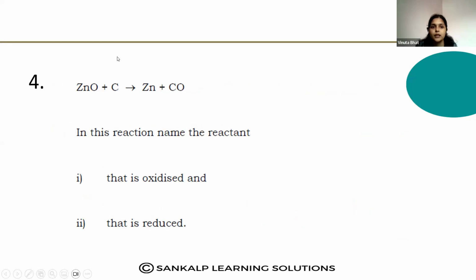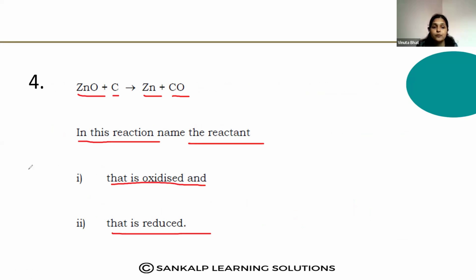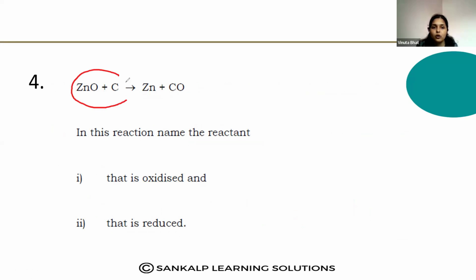Next question. Zinc oxide reacts with carbon and forms zinc and carbon monoxide. In this reaction, name the reactant that is oxidized and that is reduced. These two are the reactants and these are the products. Here, zinc oxide is reduced and carbon is oxidized.